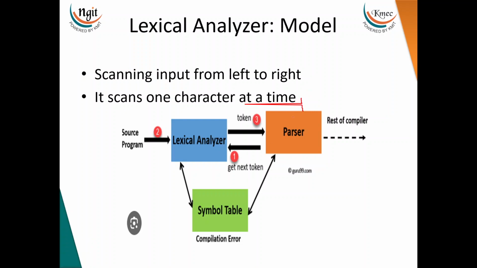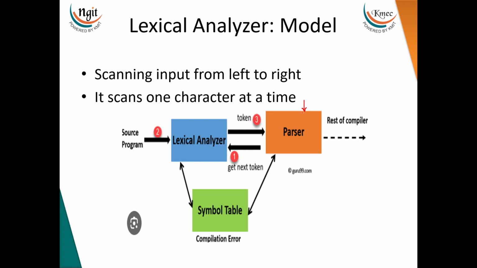So the compilation process always starts from the parser. Take the C language: even though you have written the hash include and global declarations, the execution always starts from main. In the same way, even though the first phase is lexical analysis, the process starts from the parser.